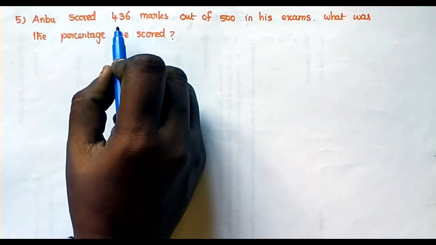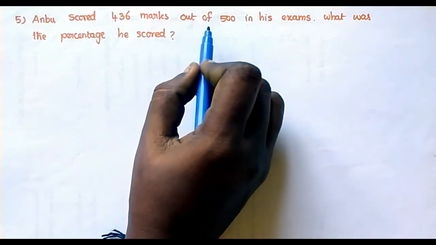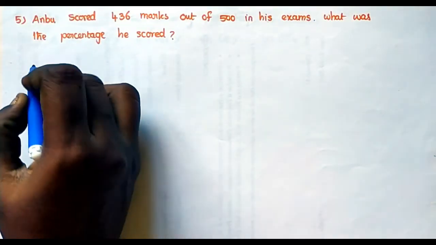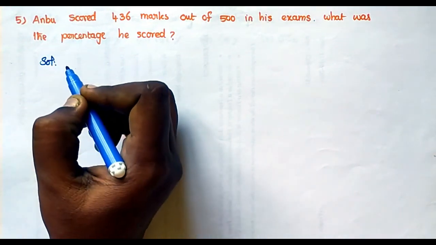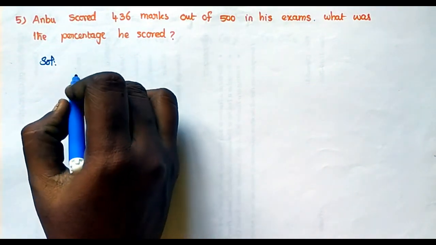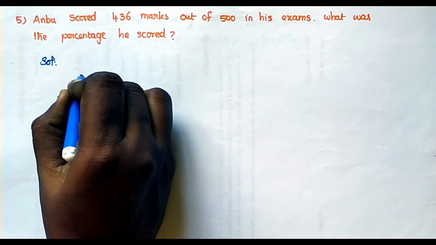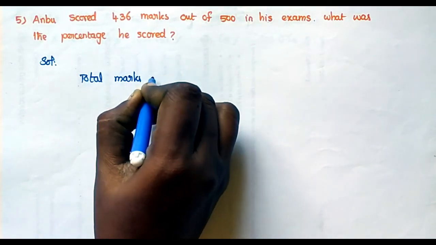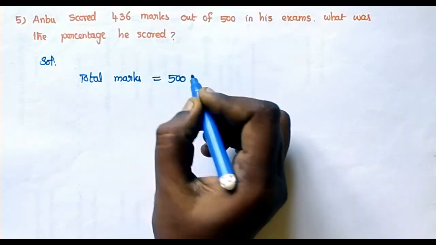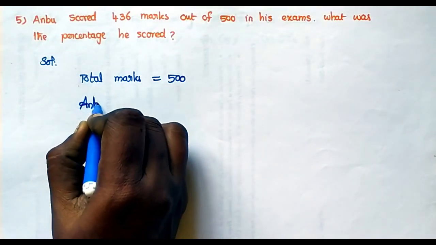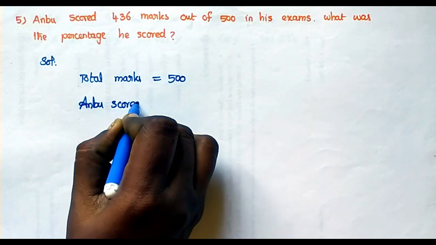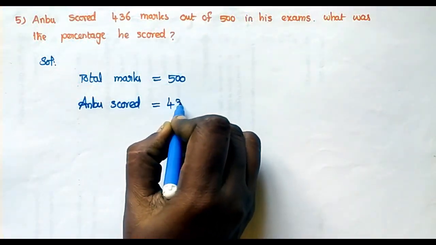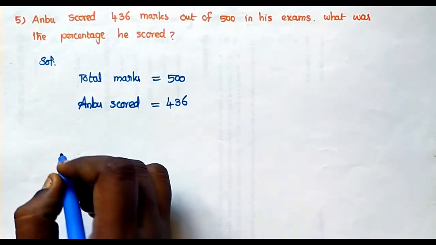Fifth sum. Anbu scored 436 marks out of 500 in his exams. What was the percentage he scored? Listen. Total marks equal to 500. Anbu scored 436.